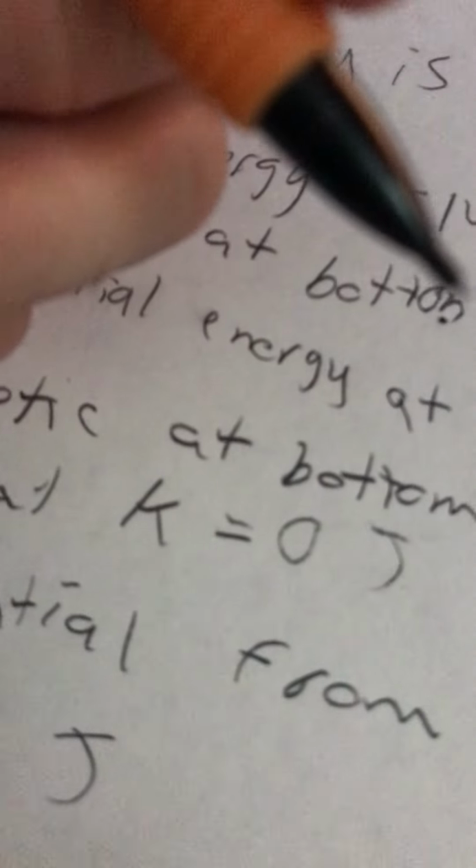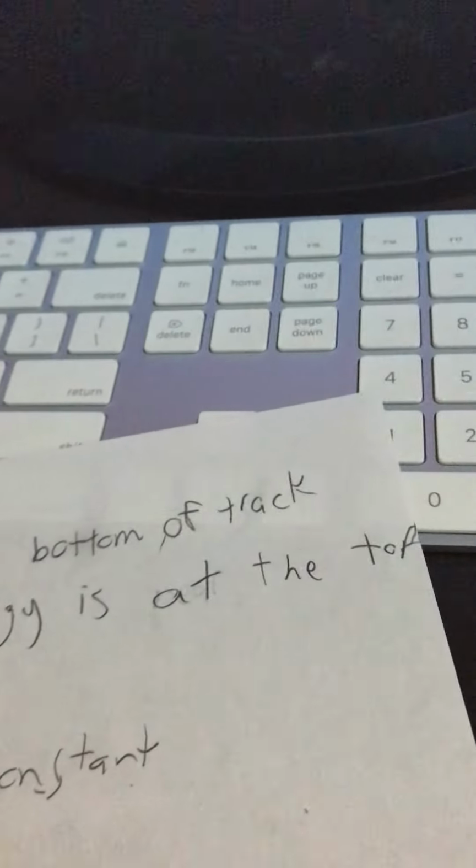You multiply by 2, and then you take that value and you divide it by 75. The reason you multiply by 2 is because of the equation of half mv squared. You flip it over and it's the square root of 2 times the energy over the mass.